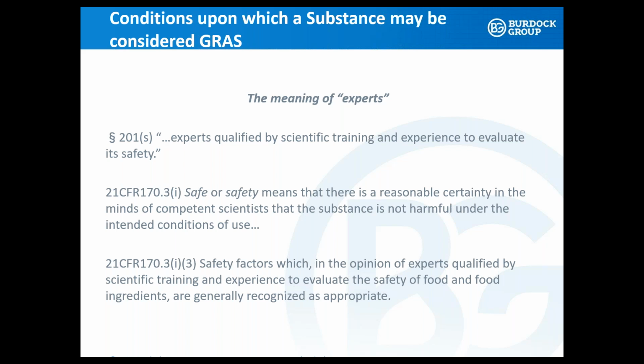I would argue that competent does not include, well, I mean, they are competent, but you shouldn't be using an expert that's a colleague of yours. If you have a GRAS dossier, a colleague or coworker of yours has some conflict of interest. And in continuing, safety factors, which in the opinion of experts qualified by scientific training, experience, to evaluate the safety of food and food ingredients, are generally recognized as appropriate.